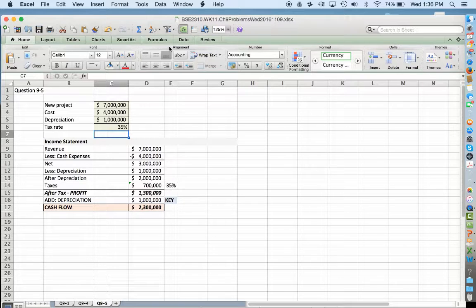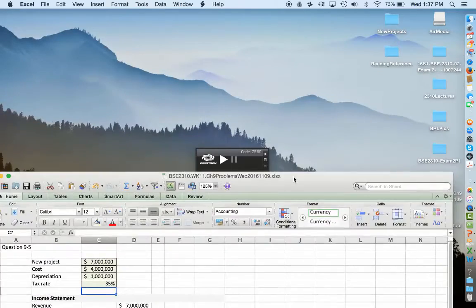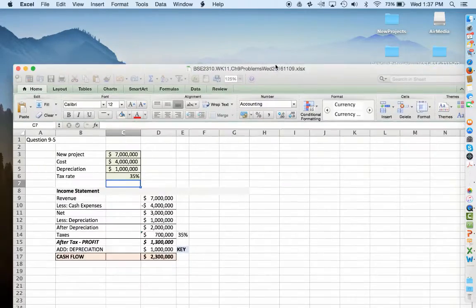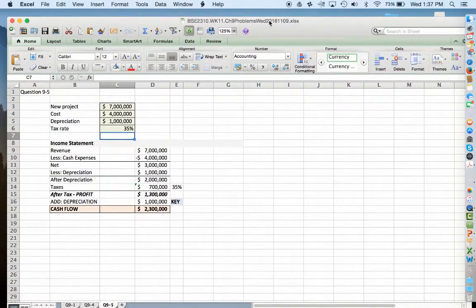Okay, what's the cash flow? What is it, James? 2.3 million. That sounds correct. Yep. 2.3 million. So it's identical to the same problem, right? If we use the same structure, we're going to get the 2.3 million, okay?